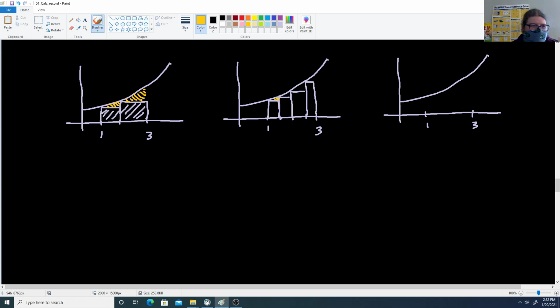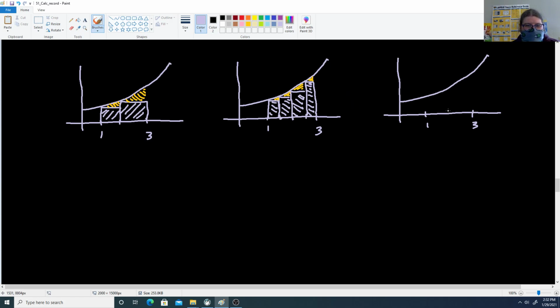We're missing some of the stuff there, there, and there. So if we increase to 4 bars, our approximation's a little bit better. We're not undercounting by these massive chunks. There's more of them, but they're smaller in size.